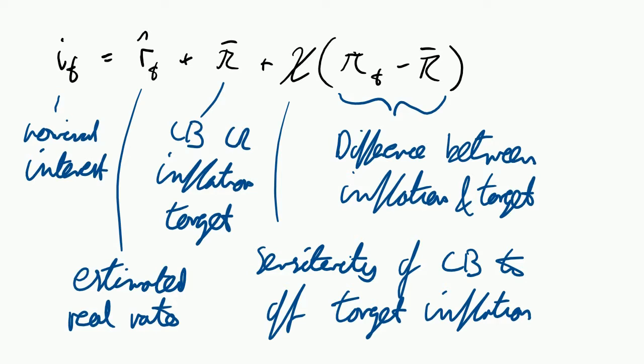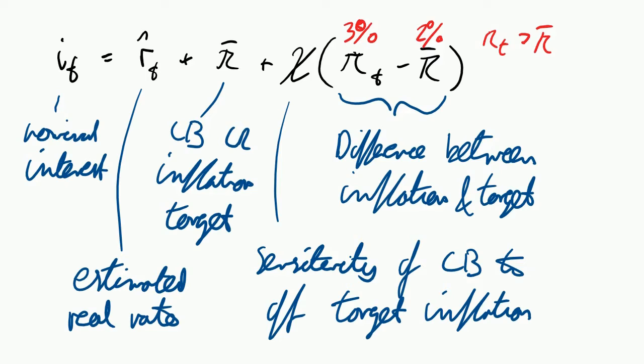So what are the implications of this policy rule for inflation? Well, if we look at this right-hand expression here, pi t minus pi bar, again, this shows the difference between inflation and the target rate of inflation. What the policy rule describes is that when pi t is greater than pi bar, in other words, inflation is above the target rate, so for instance, if the target rate was 2% and the economy was currently experiencing 3% inflation, we would be above target by 1 percentage point.